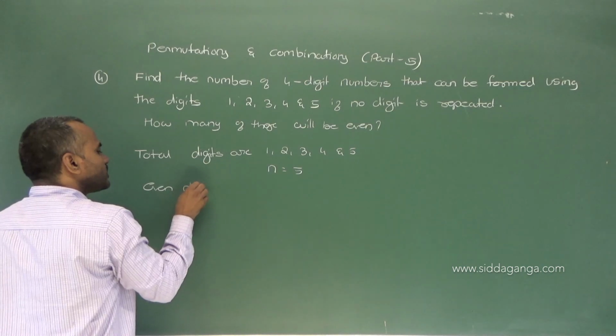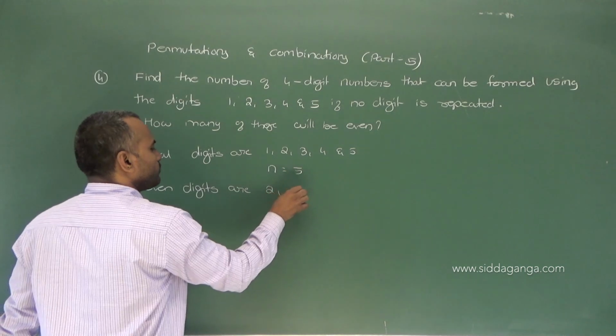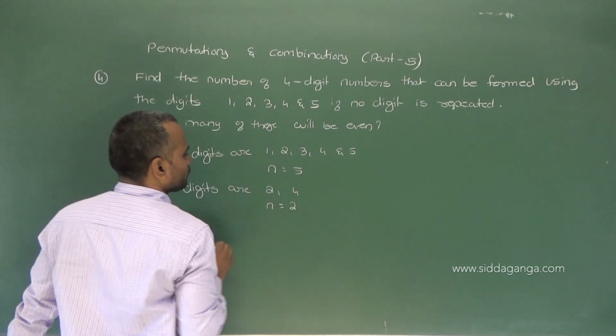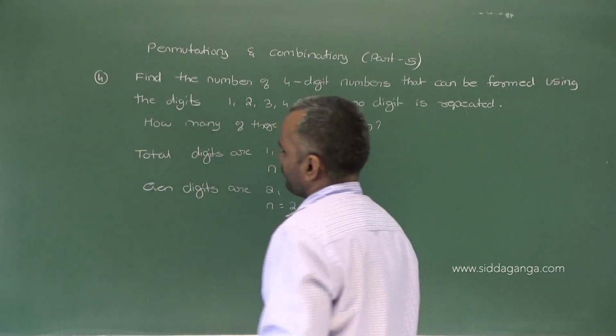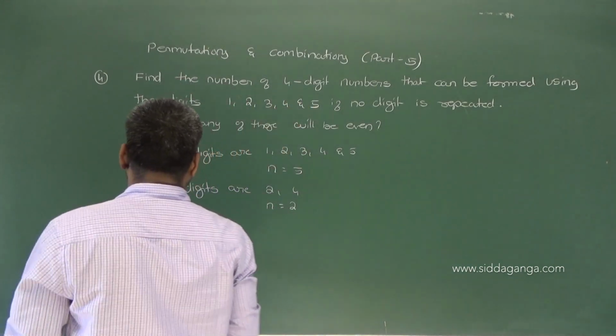Even digits are 2 and 4. N is equal to 2. Then we have to arrange 4-digit number.